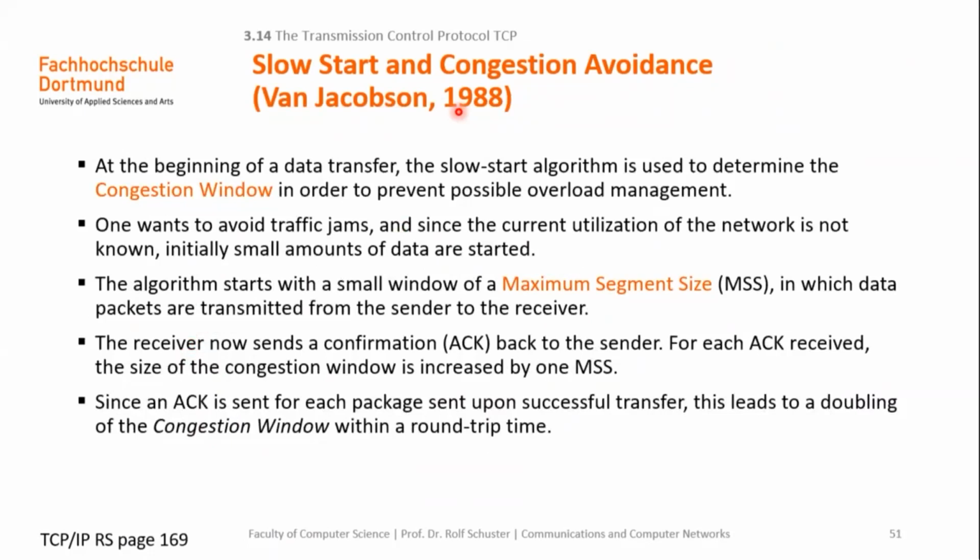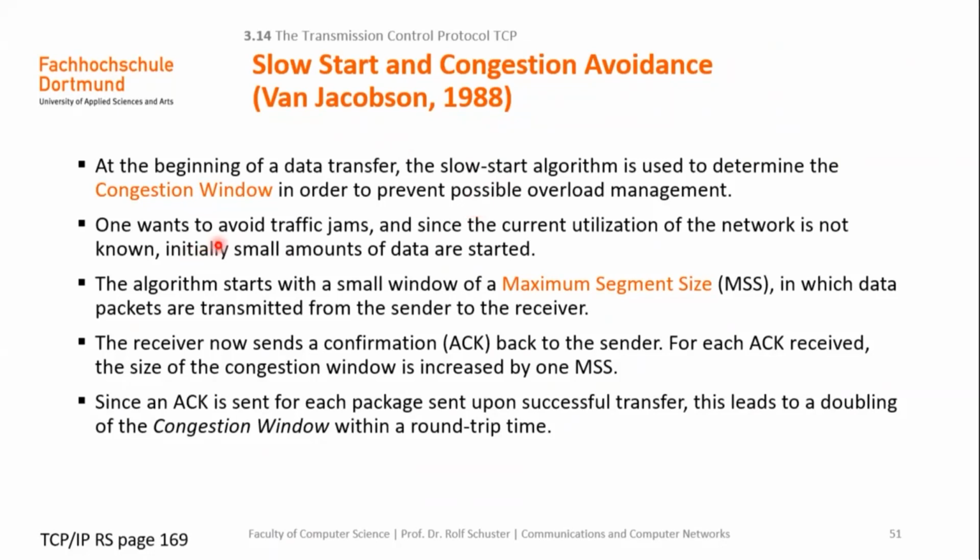At the beginning of data transfer, the slow start algorithm is used to determine the congestion window in order to prevent possible overload. That is, instead of starting at a high rate, the transmission starts at a slow rate and increases the rate each time segments arrive without errors at the destination end system.